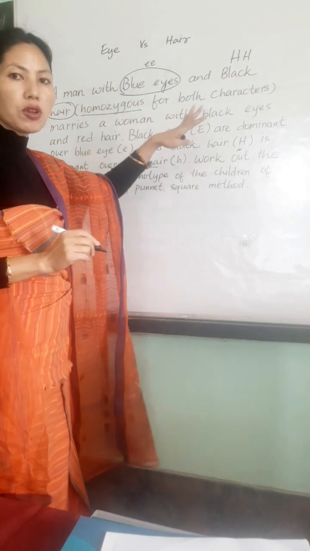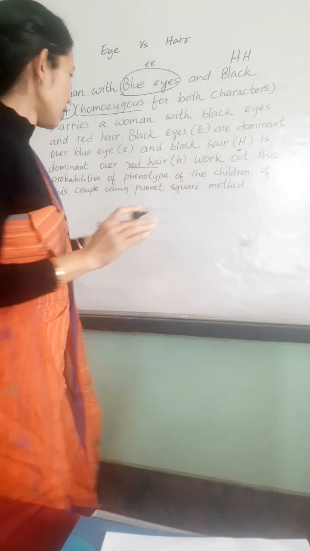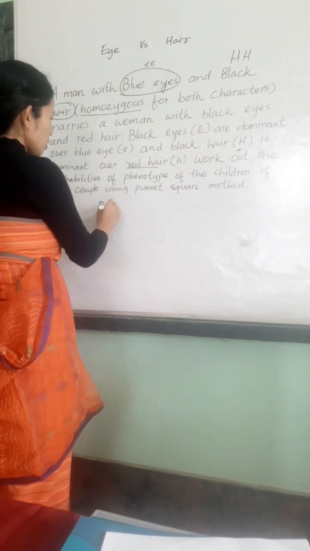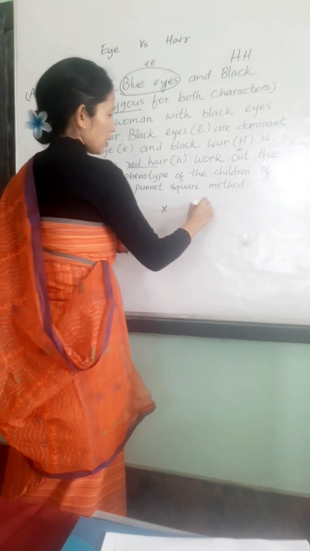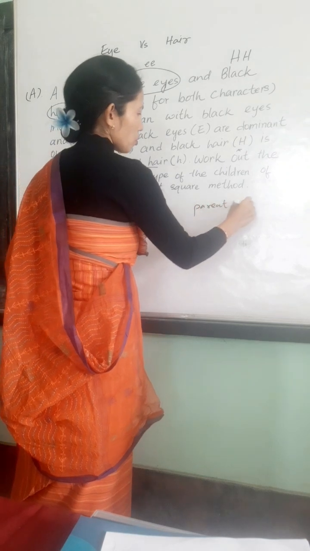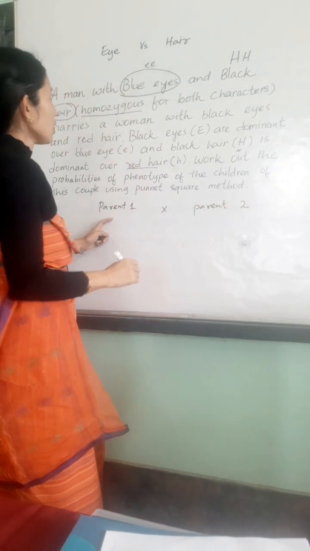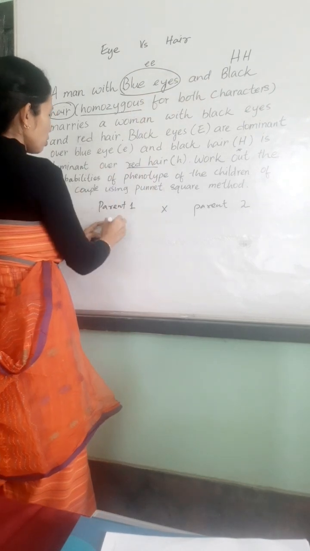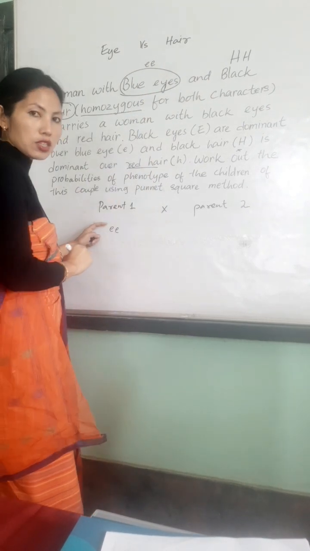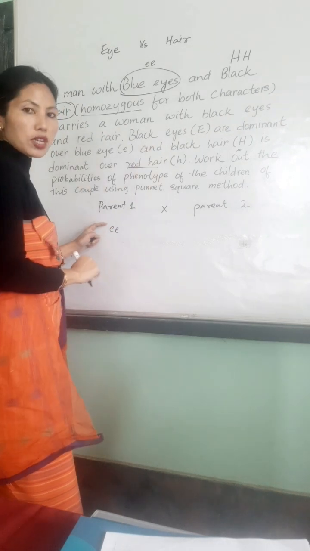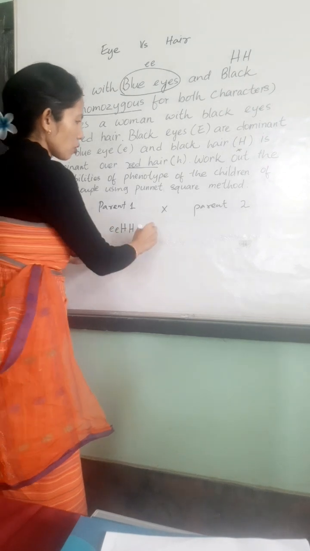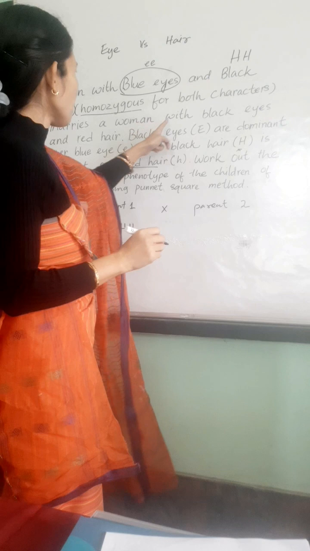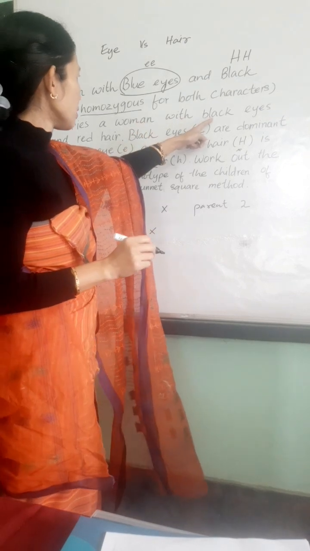So we have the genotype of one parent. Say this is parent 1 crossed with parent 2. In the question, parent 1 has blue eyes and black hair, so it is homozygous for blue eyes and homozygous for black hair, that is capital H and capital H. This is crossed with the second parent, the woman with black eyes.